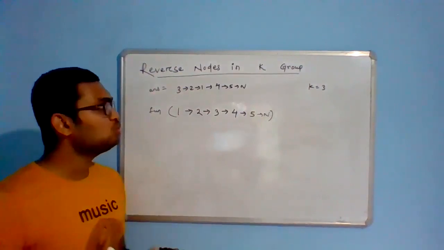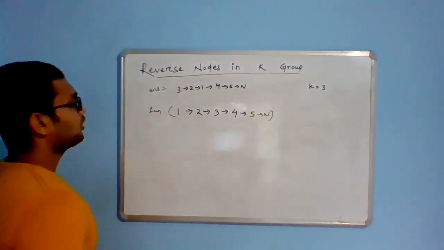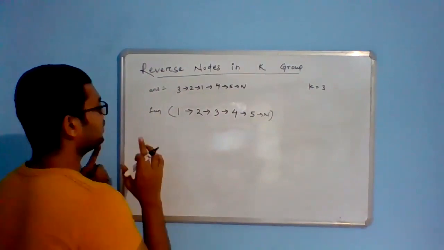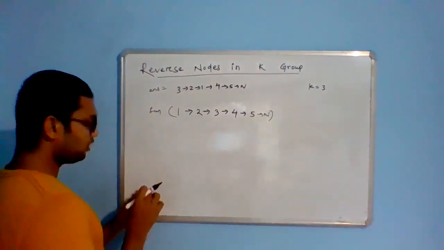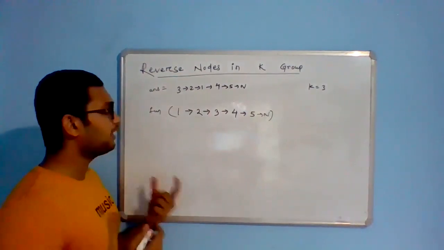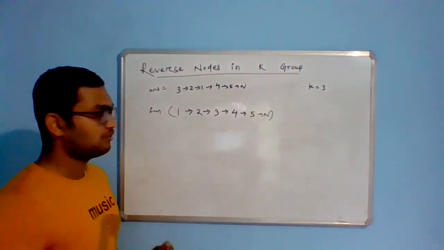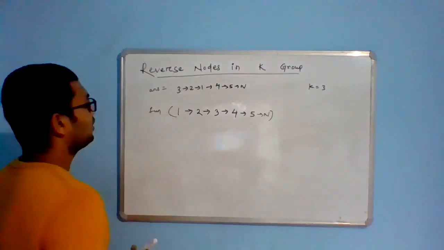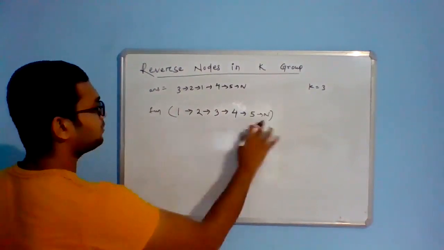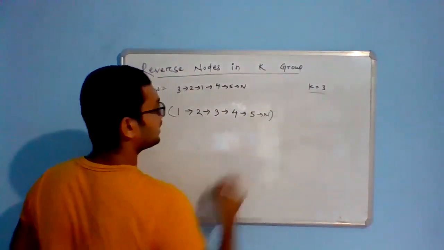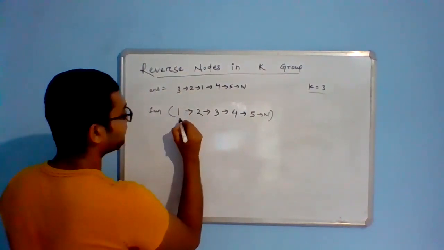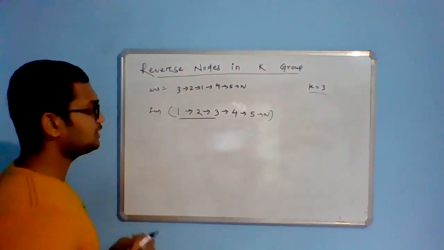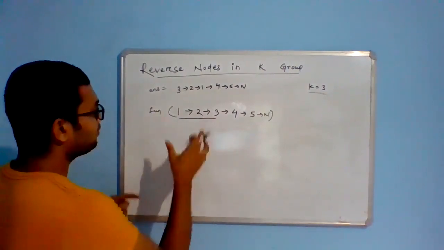So let's try to solve it. In the very first case, we have this function, which is responsible for getting us the head of the reversed version of the linked list. Let's say we have this, where k is equal to 3. So we will pick the very first k-size sublist, which is 1, 2, 3, and we will reverse it.